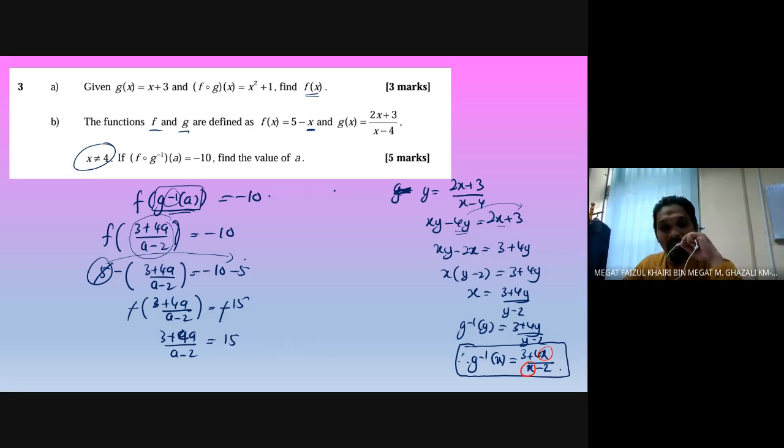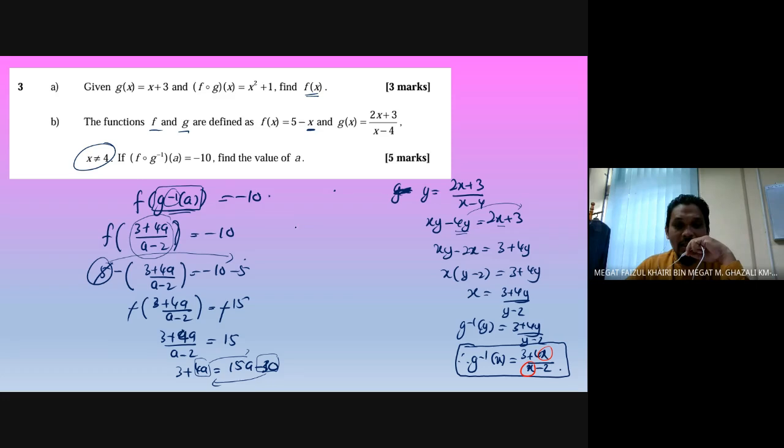Multiply with negative 1 on left and right. So (3 + 4a)/(a - 2) equal to 15, then 3 + 4a equal to 15(a - 2), which is 15a - 30. 15 times a and 15 times negative 2 is negative 30. Then bring the 4a to the right side and the negative 30 to the left side.